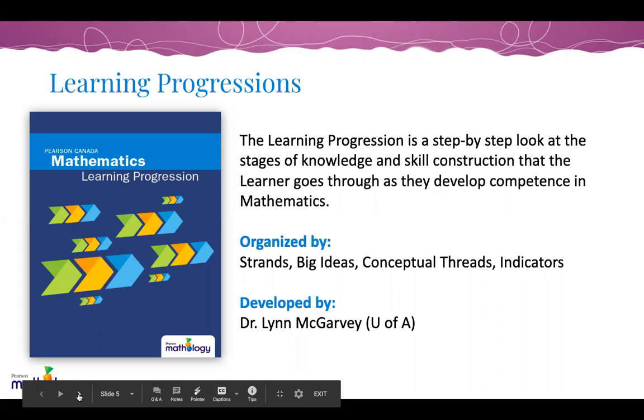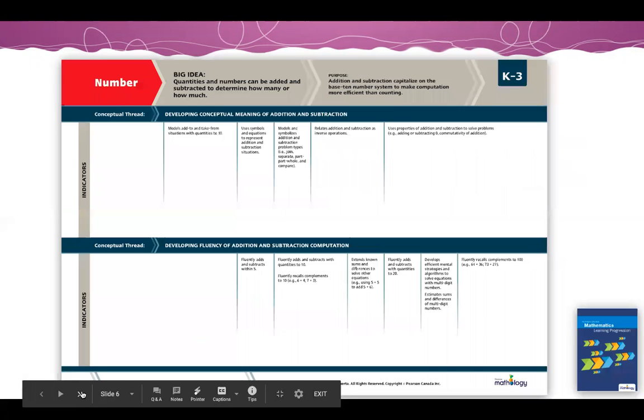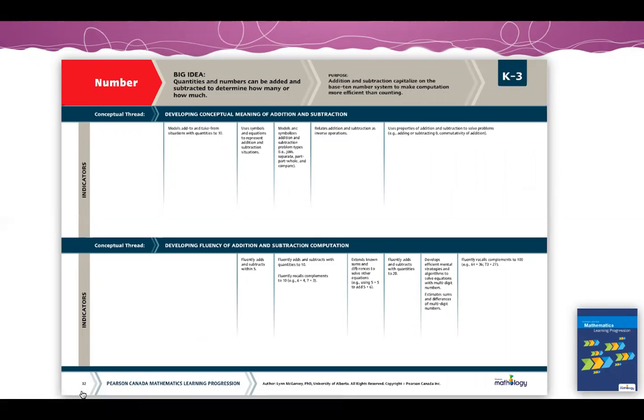It was developed by Lynn McGarvey out of U of A. And what she did is she synthesized a lot of the research and the curriculums to come up with a simple learning progression that gives us the nuggets we need as educators to help our students move along this learning progression of mathematics.